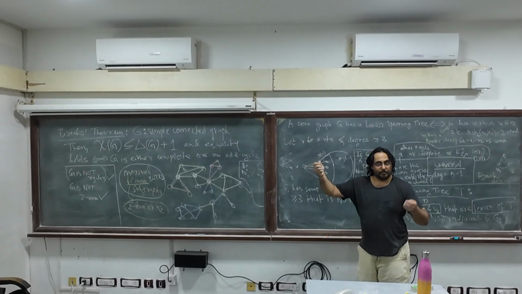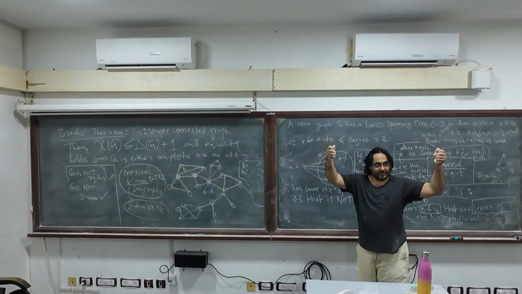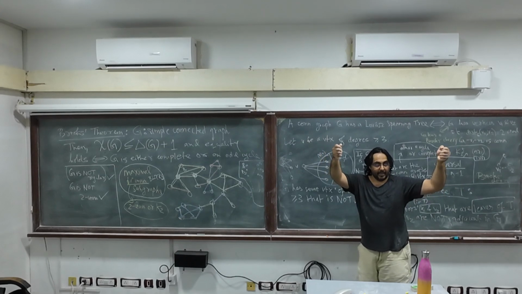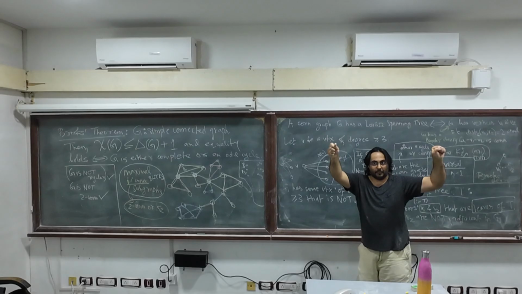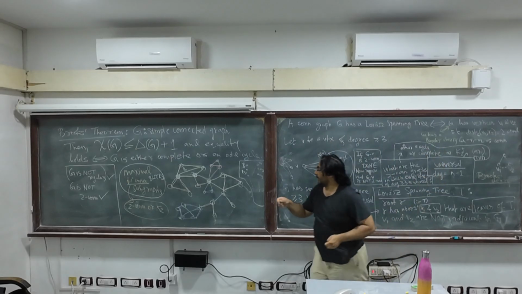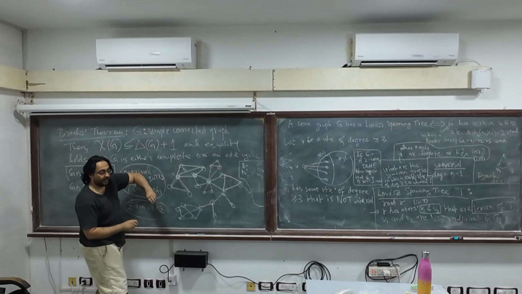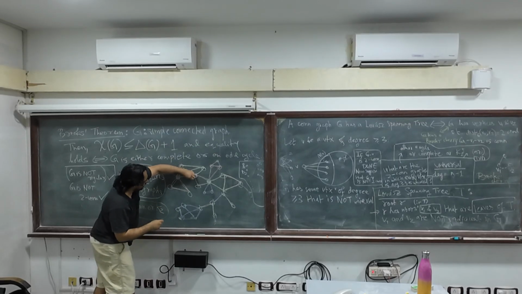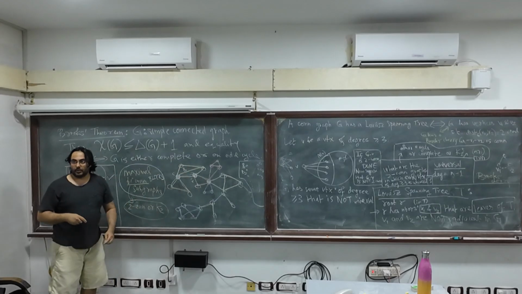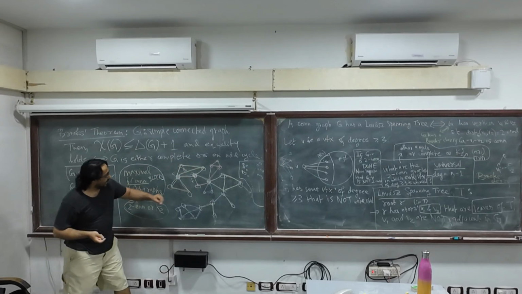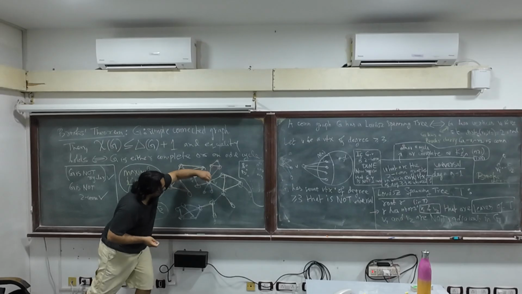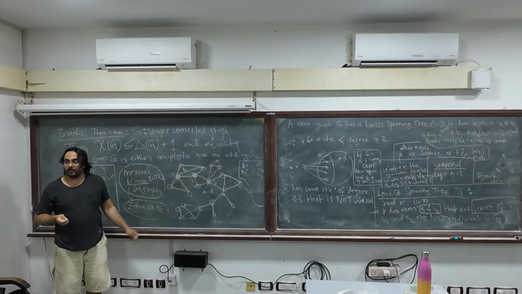A cut vertex and a block will be adjacent in my new graph if that cut vertex is a part of that block. For example, if I look at this block, little c1 will be adjacent to the block b1, little c2 will be adjacent to the block b1, but little c3 will not be adjacent to b1.